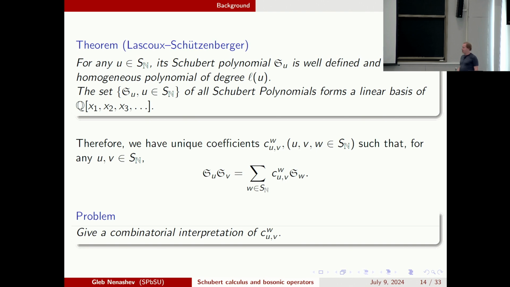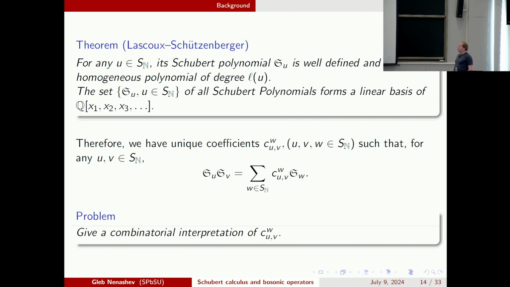And so it happens that all interpretations of Littlewood-Richardson coefficients are based really on representation theory. But here we don't have representation theory. We need to work only with the cohomology ring.